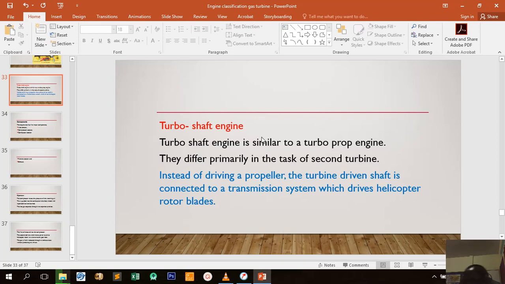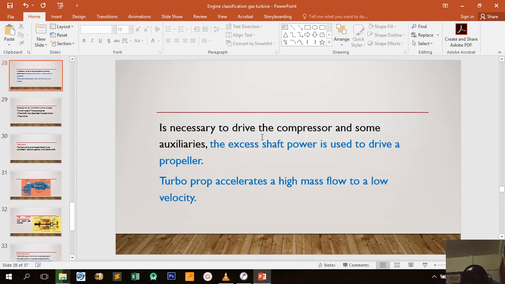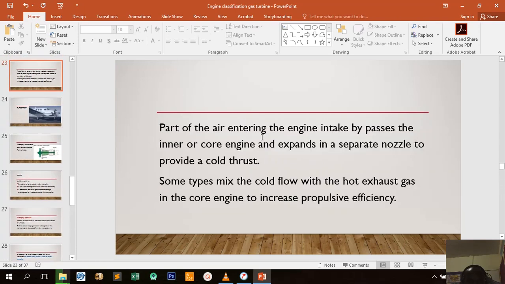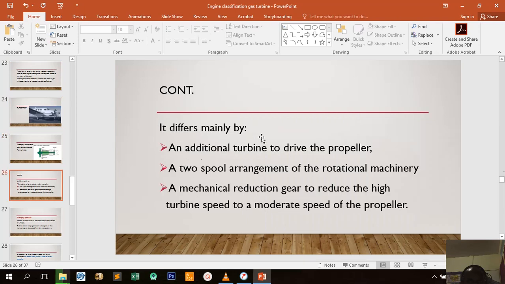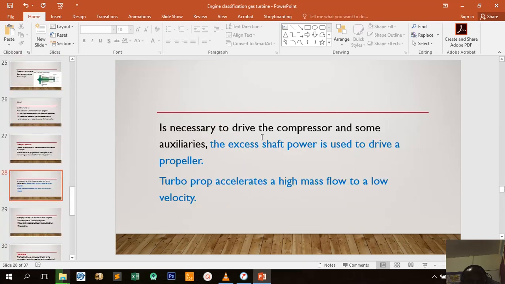Now the turboprop: the excess shaft power is used to drive a propeller via reduction gears. That's the main difference. We have reduction gears, and then it drives a propeller.